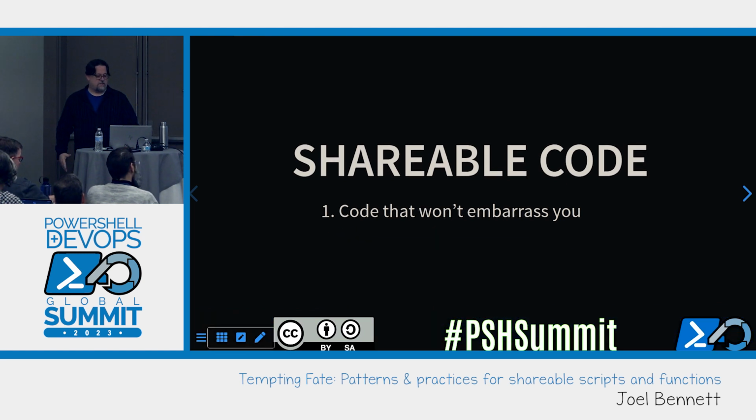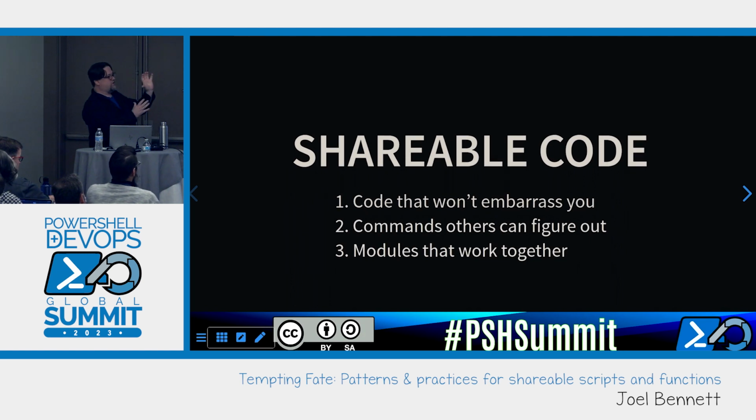And then the third piece, and this is kind of where we shift gears a little bit. Part of what I think of when I think of shareable code is I want the code to work well with other code, not just for other people. It means basically if I ship you a module and there's command A and command B in it, and you want to pipe A into B and that doesn't work, for me that's a failure.